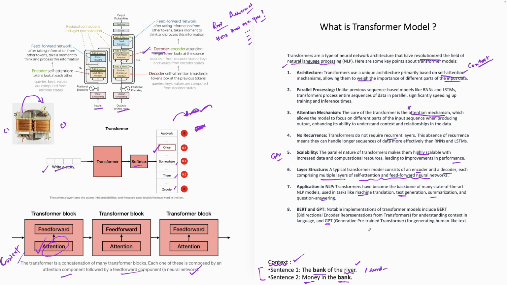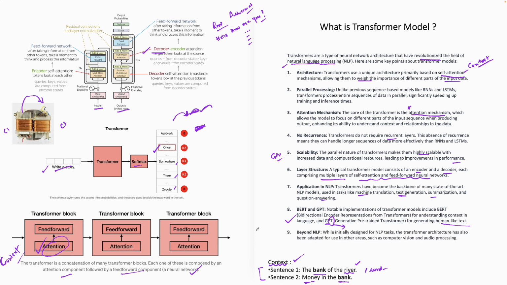When we study, you'll be surprised that the T actually stands for transformer. It's very important that's why we are studying the transformer model, because as I told you, the heart, the soul, the backbone of ChatGPT, the GPT models, is transformer. It stands for generative pre-trained transformer, which helps you generate human-like text, right?